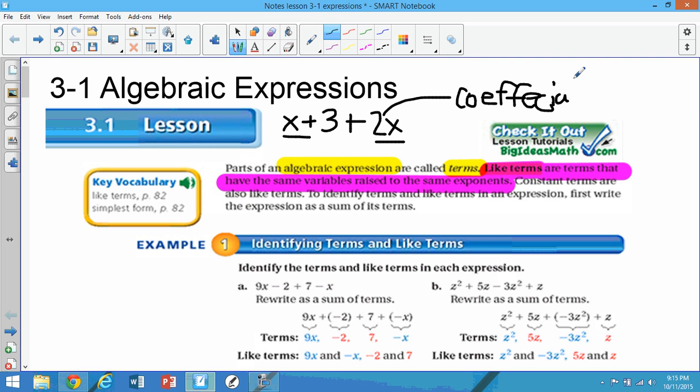That's called a coefficient. Obviously, the x is your variable. And then the number that stands all by itself is called a constant.